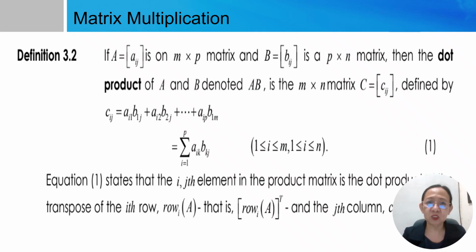So we have the summation of A sub ik, B sub kj, wherein k is raised from 1 to P. To clearly analyze the definition, let us have some examples.